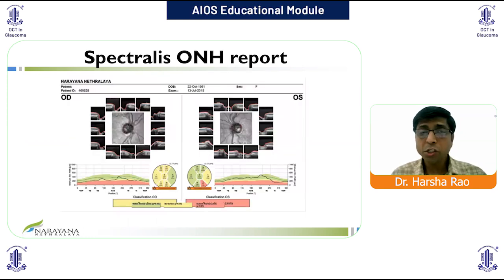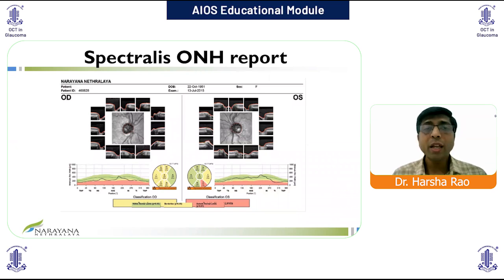The other unique feature of Spectralis is a very detailed evaluation of the optic nerve head. The optic nerve head margin on Spectralis is based on Bruch's membrane opening, called the BMO, which is a more consistent anatomical landmark of the disc margin than the clinical disc margin.